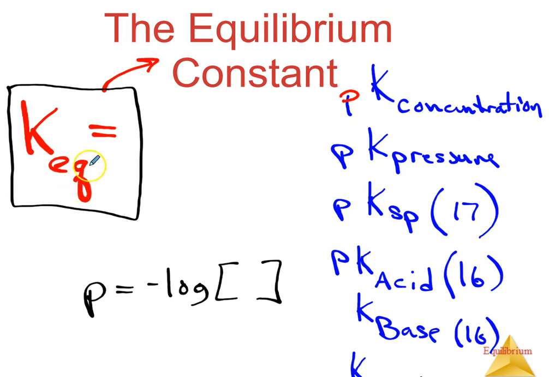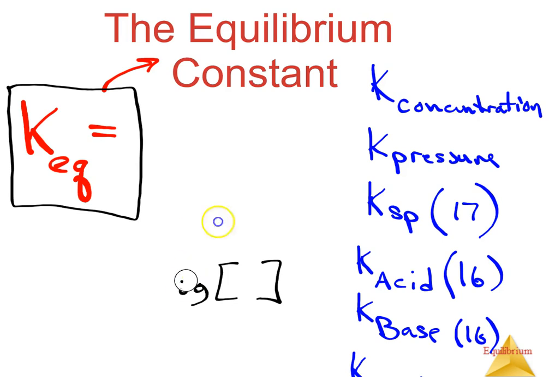All right? Now, get rid of some of these things because we don't need that yet. It turns out that there are a lot of different ways that we can express this K value. All right? We have KEQ, and KEQ pretty much means all of these things. And we're going to learn all of them.